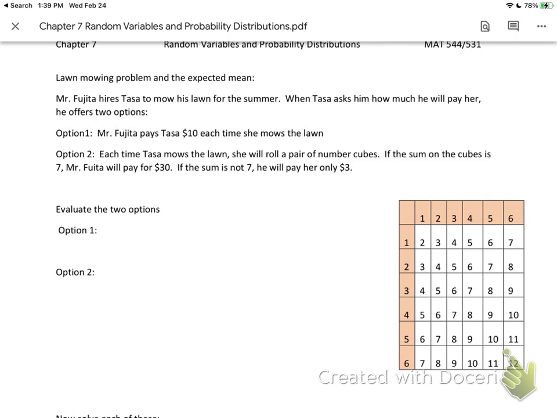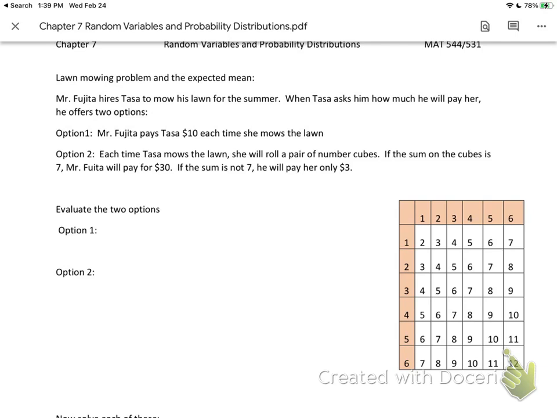Option 2, each time Tassa mows the lawn, she will roll a pair of number cubes. If the sum on the cubes is 7, Mr. Fujita will pay $30. If the sum is not 7, he will pay her only $3. So evaluate the 2 options. By evaluating them, we want to figure out what the expected earnings would be.